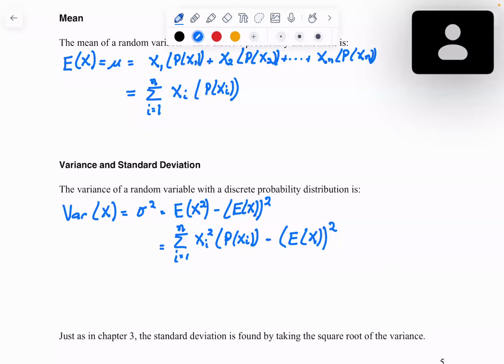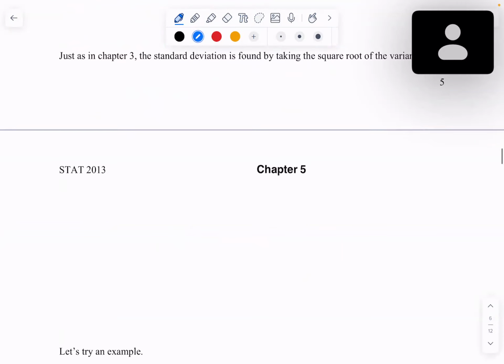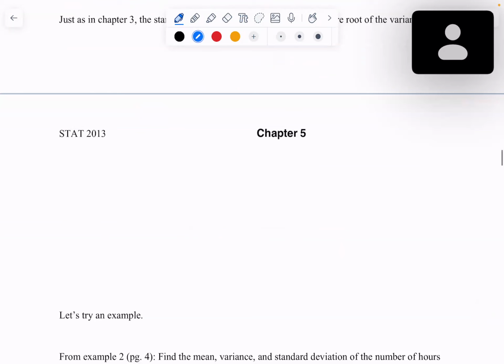And then to find the standard deviation, remember, what do I do to the variance? The standard deviation is the what? Yeah, it's the square root of the variance. So if I want the standard deviation of x, if we write it out as a symbol, remember it's sigma.